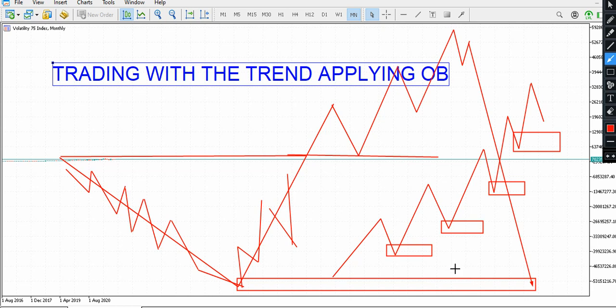I want to talk to you about how to capitalize from here, 1, 2, 3, 4 entries, and then this entry also here, and then come down here. Remember, this is a monthly time frame, and then on H1 we have some moves down here. I want to help you understand how to catch these retracements.